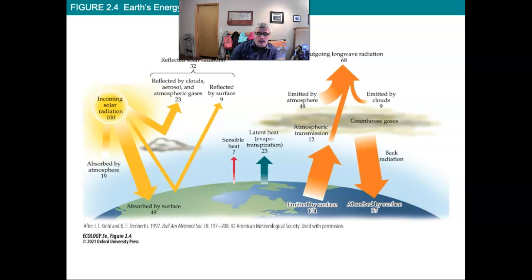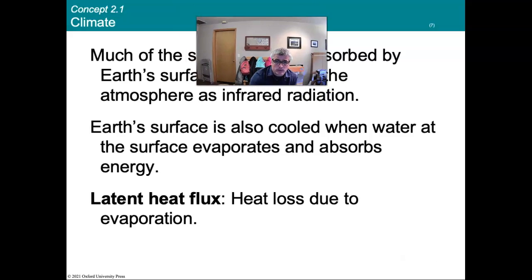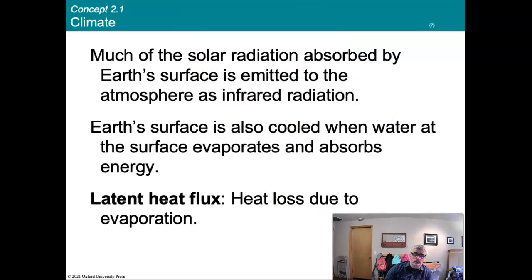And so as we add more greenhouse gases, we're keeping more energy in the system. So much of the Earth's solar radiation is absorbed by the Earth's surface, and is emitted to the atmosphere as infrared radiation.